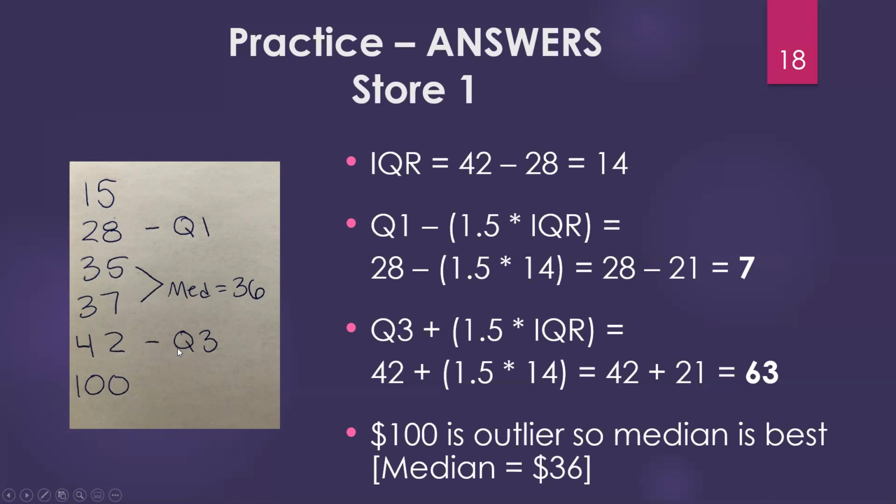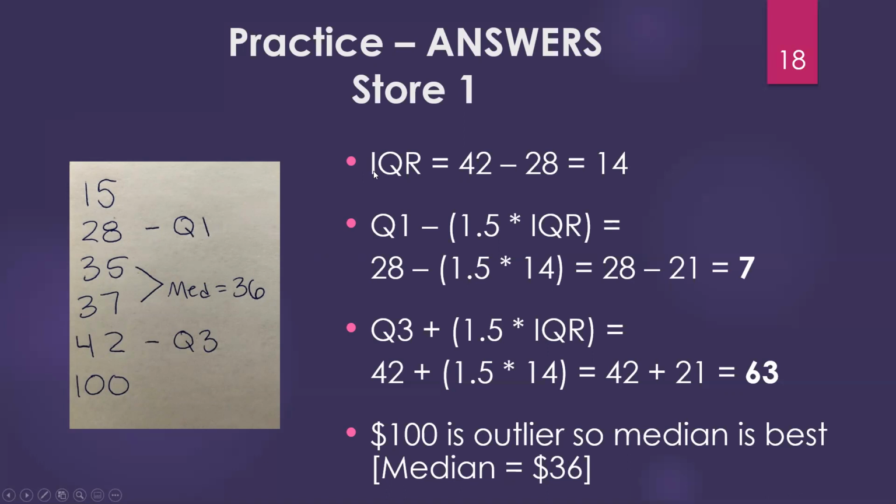It's just your Q1 would be down here and your Q3 would be up here, right? Your Q1 would still be 28. Remember, your Q1 or your 25th percentile is always the lower value, and your 75th percentile or your Q3 is always the higher value.